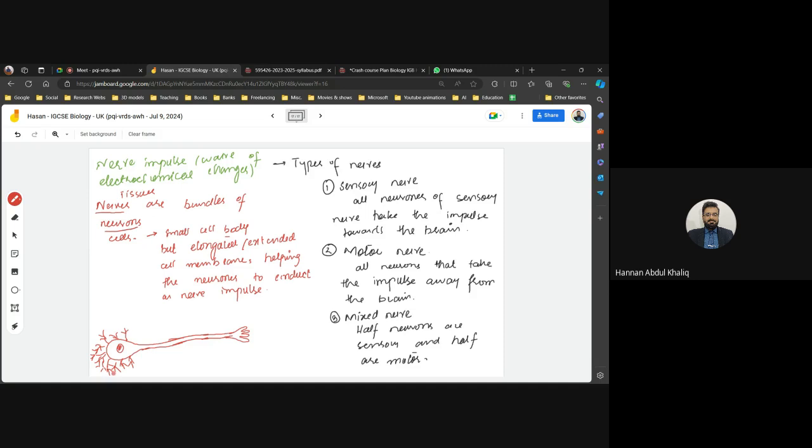This is how a neuron looks. You can clearly see that it has some weird extensions, which are not very similar to any other body cells. So what is all this?